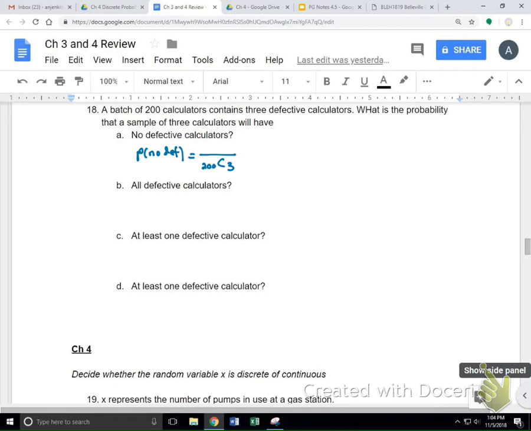And then you want them to be not defective, so the probability of that occurring is 197 choose 3, because we know we have 3 defective, so 200 minus 3 is 197. That's going to give me 1,254,890 all over 1,313,400, which is approximately 0.955.